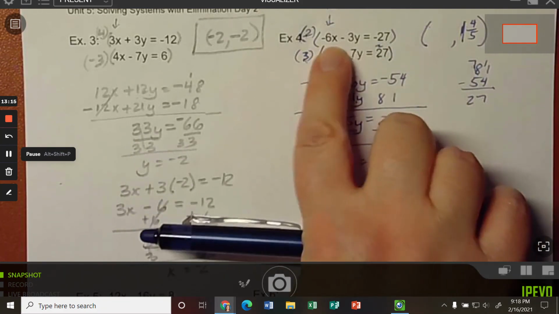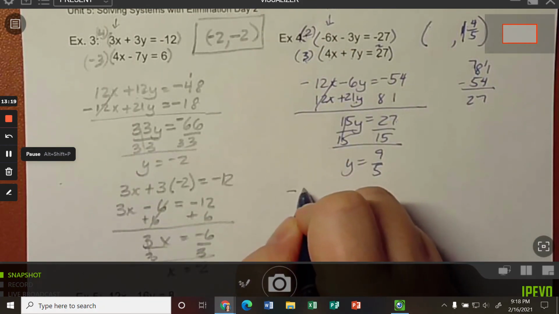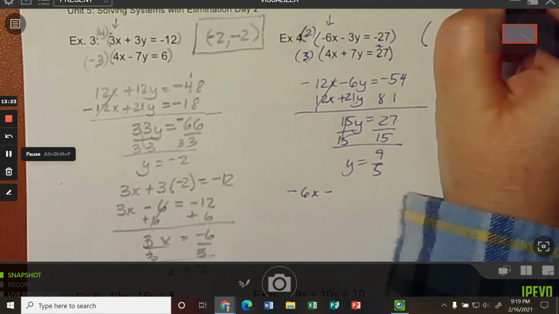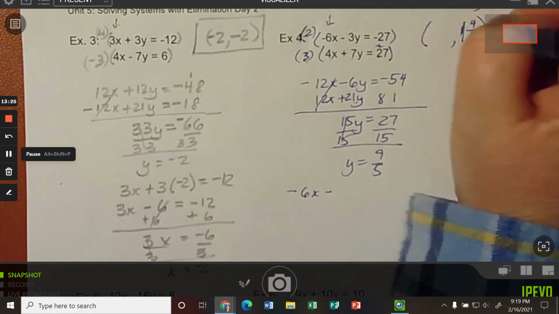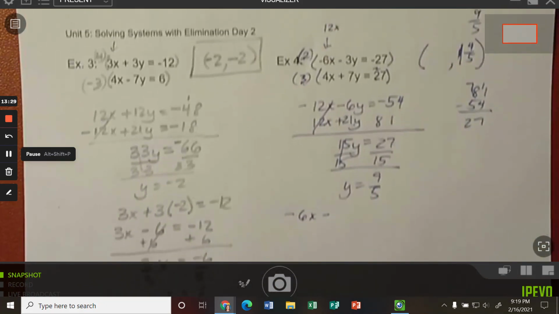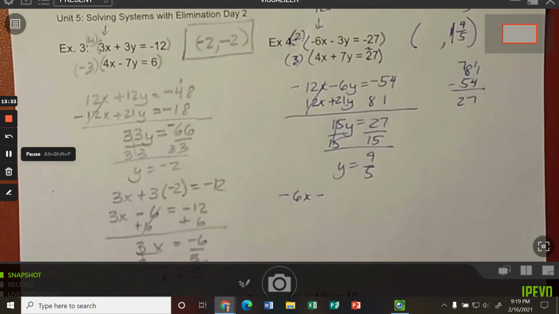We'll just use this top equation, so we'll have negative 6x minus 3, and because I see that I'm working with fractions, I'm going to leave this as 9/5 while I'm working with it. The 1 4/5 is helpful when we're plotting the point. The 9/5 is helpful when we are doing the algebraic manipulations here to solve.